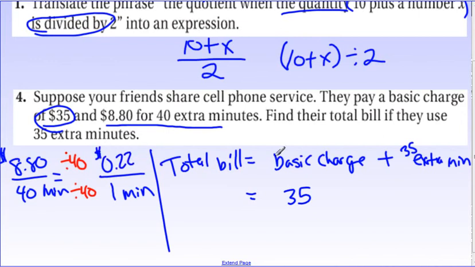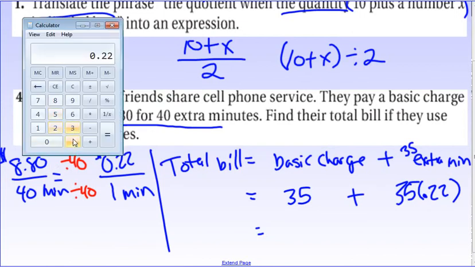So now I know it's 35 extra minutes times 22 cents a minute, and 35 times 0.22 equals, that's not right, I messed up something. 35 times 0.22, got it, is 7.7.